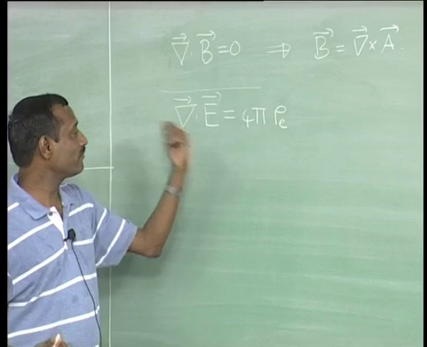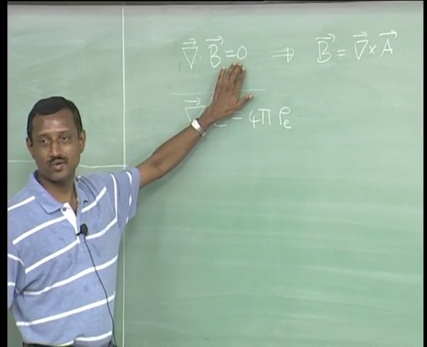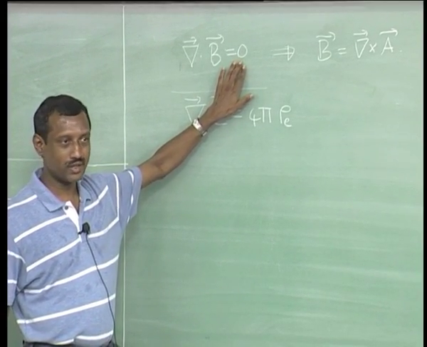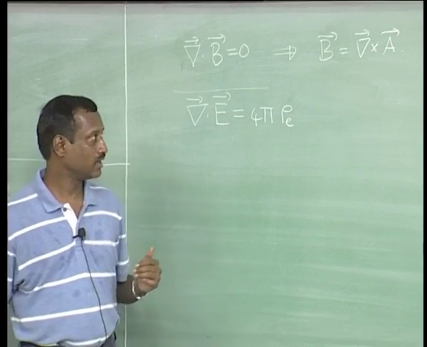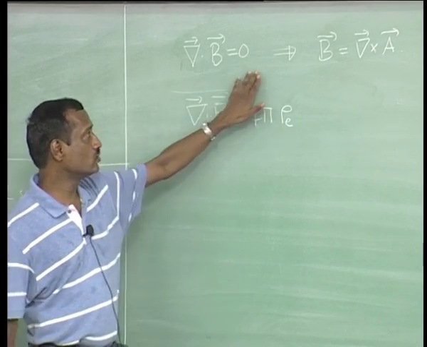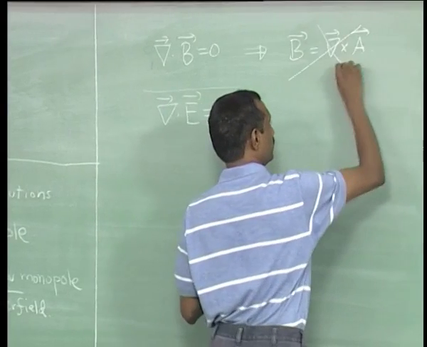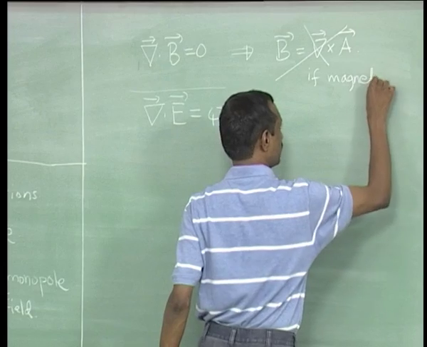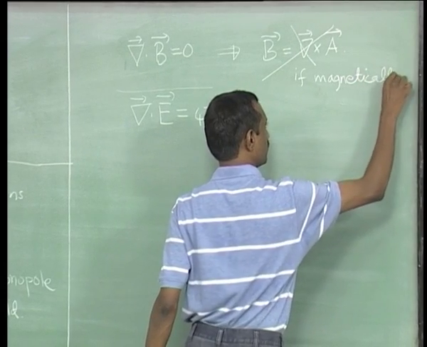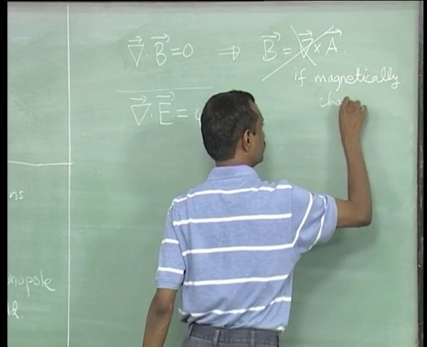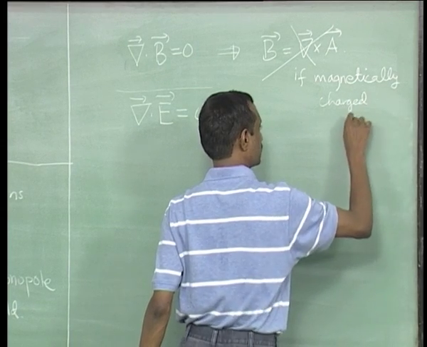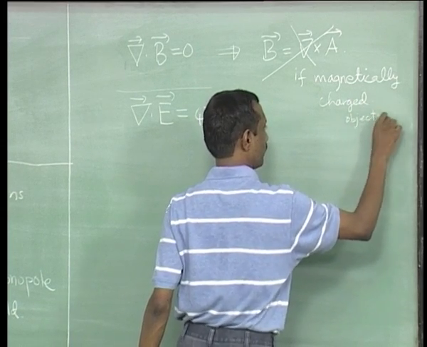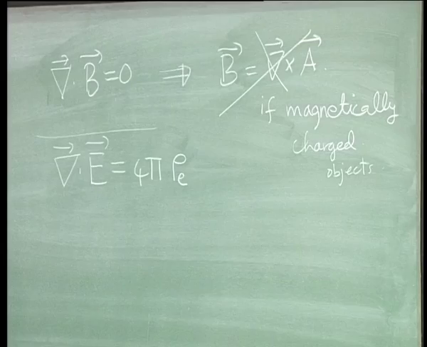It seems very obvious to write something like 4 pi rho_m out here and call that magnetic charge. But if that is true, then writing B in terms of A is not possible if magnetically charged objects or sources exist.